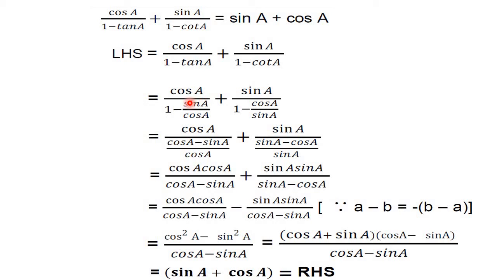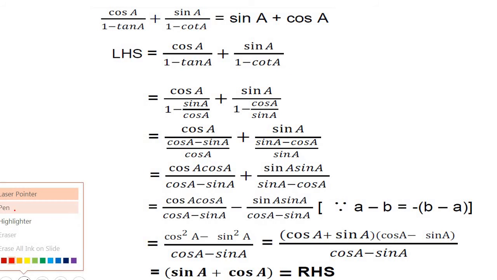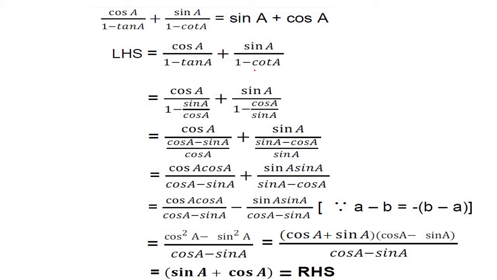Let us write tan A as sin by cos. Then cot A as cos by sin. So this cot A can be written as cos by sin. And tan can be written as sin by cos.